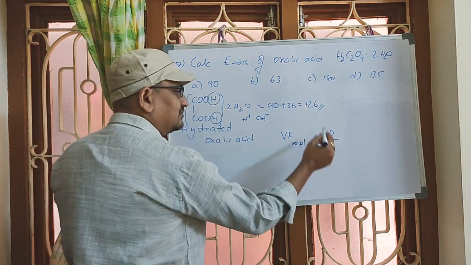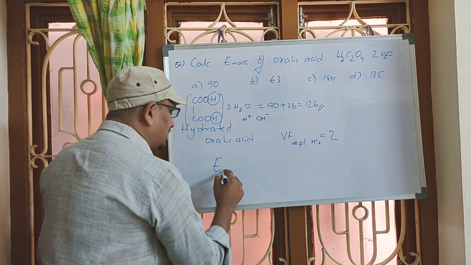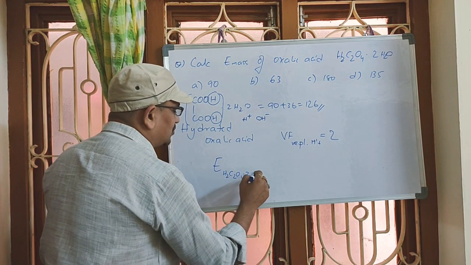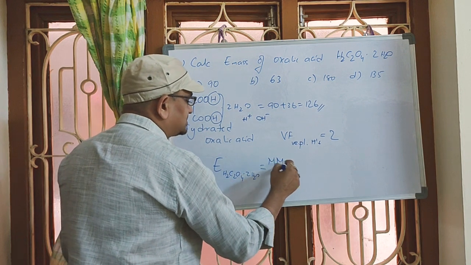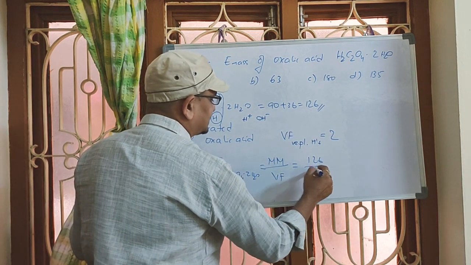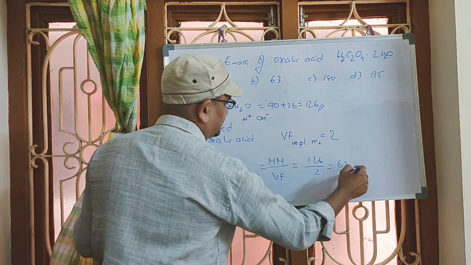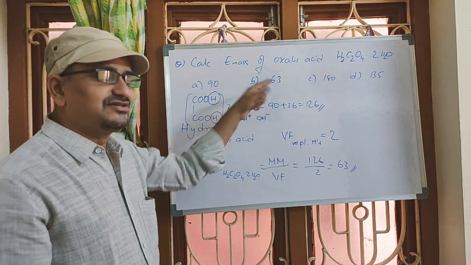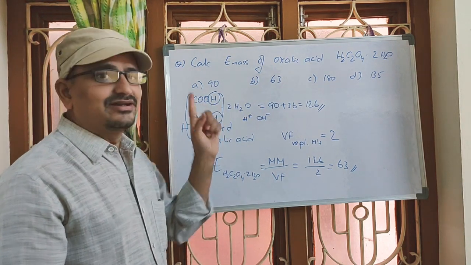We got molar mass, we got valency factor. Now equivalent mass of H2C2O4·2H2O is molar mass by its valency factor. What is molar mass? 126 by 2, that is 63. So sometimes by looking at the options, we will come to know whether it is hydrated or anhydrous.